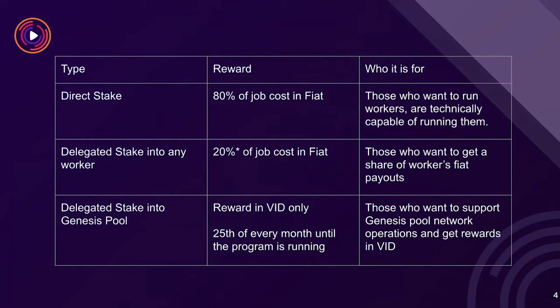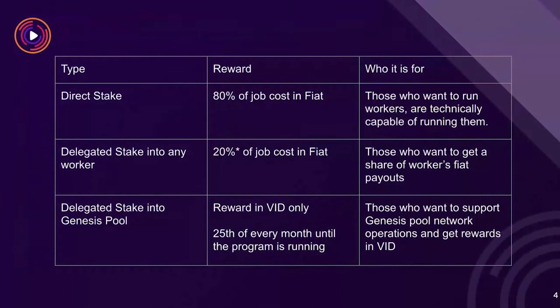The other type of staking is delegated staking. Presently, I say 20% of job costs in fiat is required by our terms and conditions to be provided out to the worker.